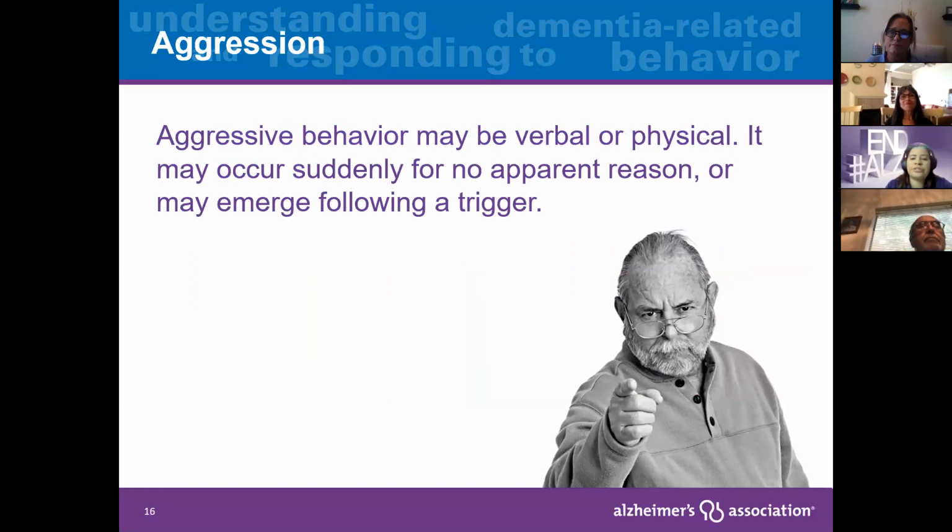Aggressive behaviors are also one of the hardest things. I've had a couple of phone calls in the last couple of weeks where they couldn't really move their loved one into a facility, or they were scared because of COVID to place them, but it was time, because he was getting aggressive with his wife, their mom, and they knew that had to be done.